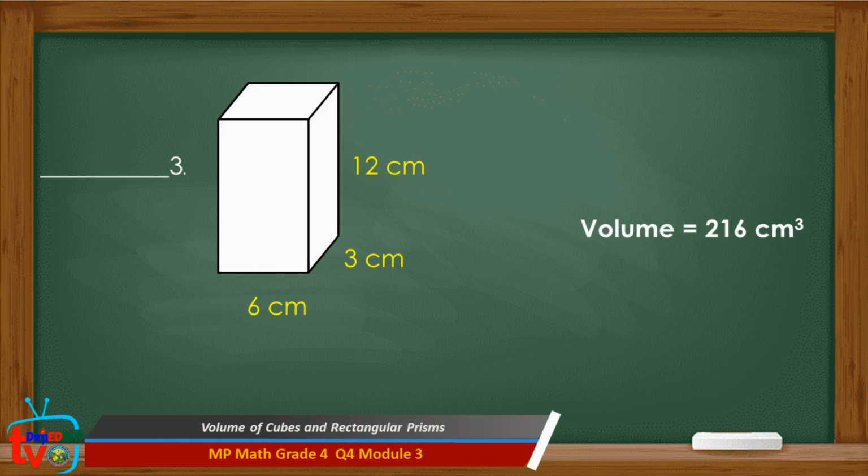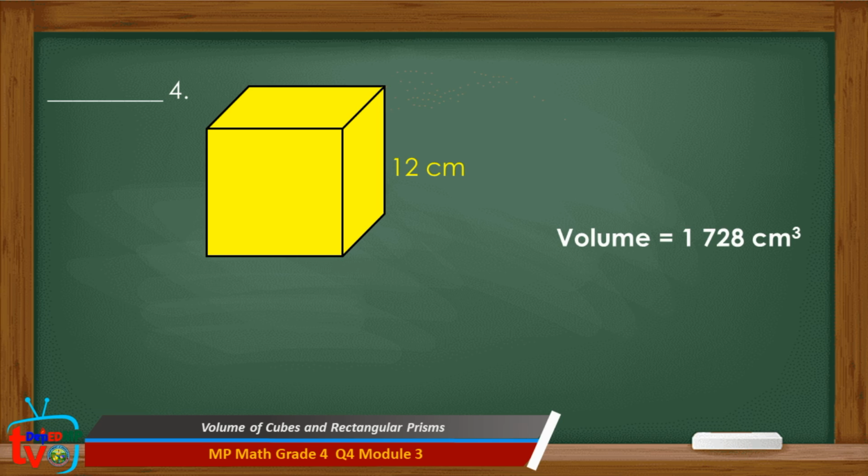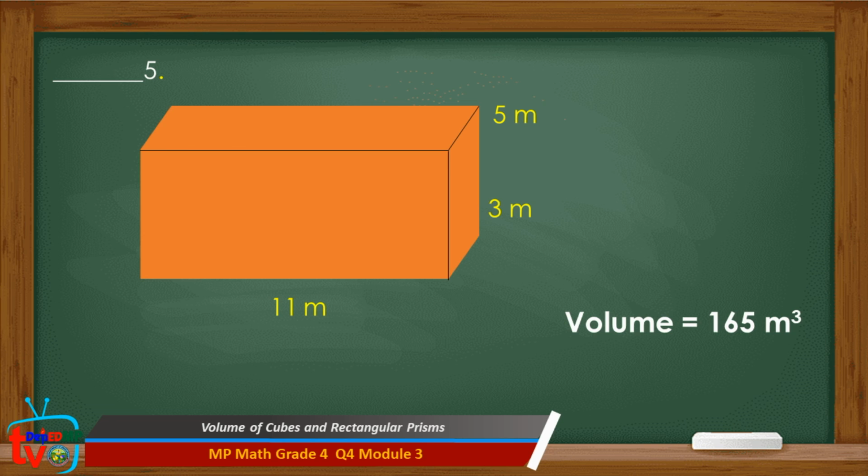A rectangular prism with a length of 6 centimeters, a width of 3 centimeters, and a height of 12 centimeters has a volume of 216 cubic centimeters. Number 5. A rectangular prism with a length of 11 meters, a width of 3 meters, and a height of 5 meters has a volume of 165 cubic meters.